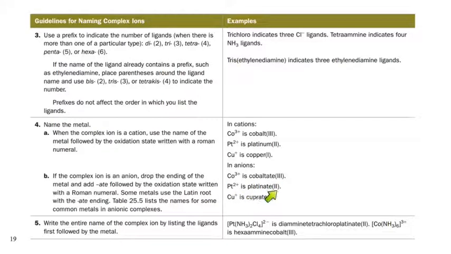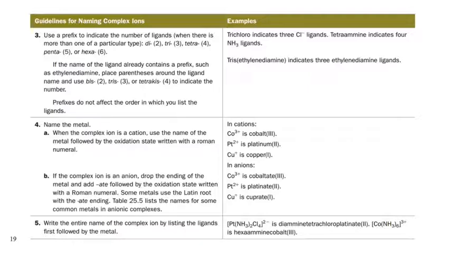So cobalt becomes cobaltate(III). Platinum is platinate(II). Some of the metals are going to use the Latin names. So copper is cuprum. So instead of copperate, it's cuprate.